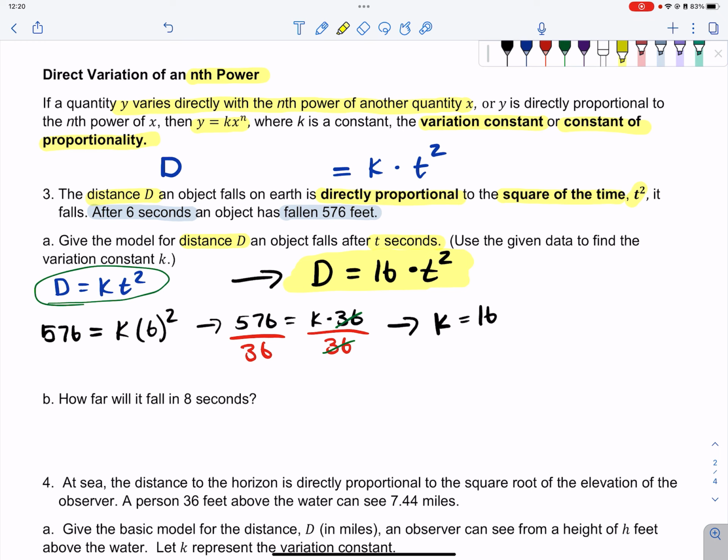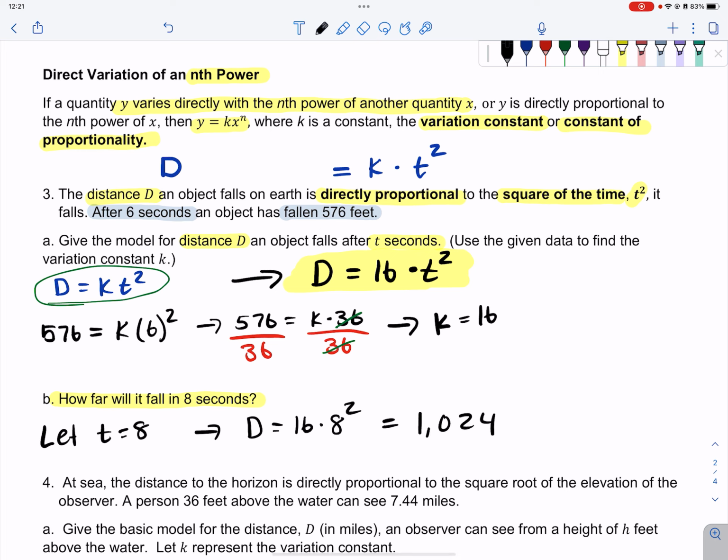And now for the next part, we are asked, how far will it fall in 8 seconds? That means we let t equal 8 and evaluate our equation. So our distance is equal to 16 times 8 squared, which gives 1,024.